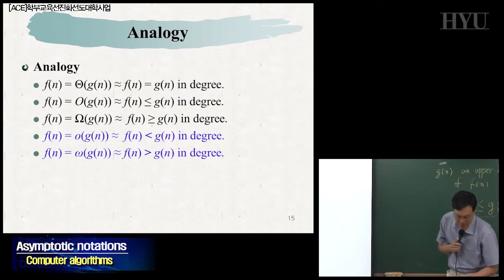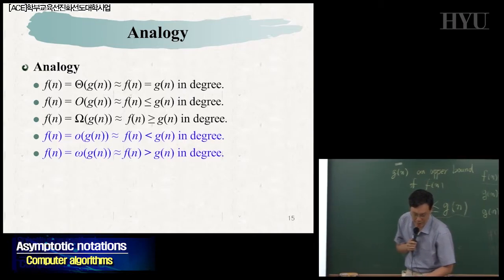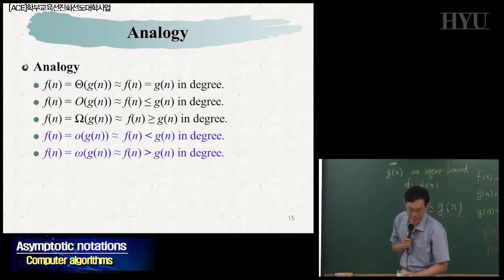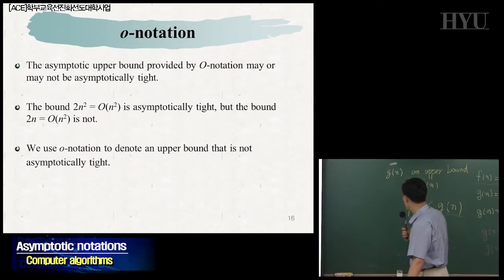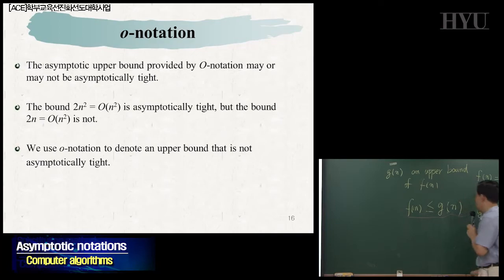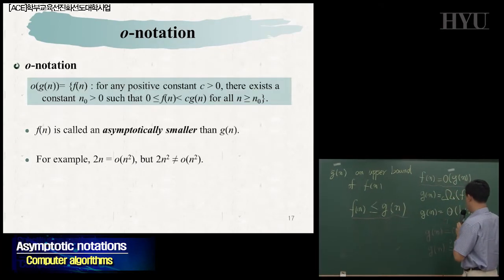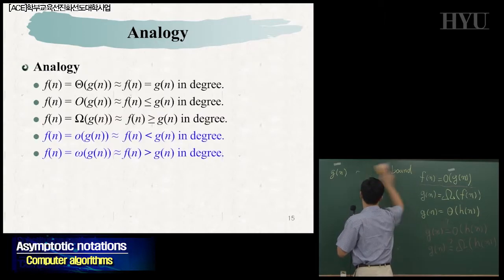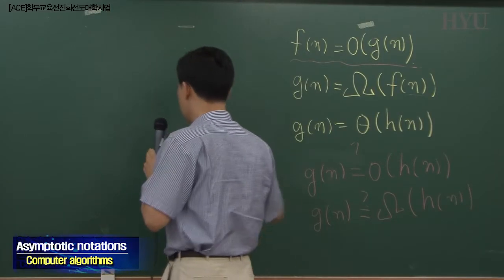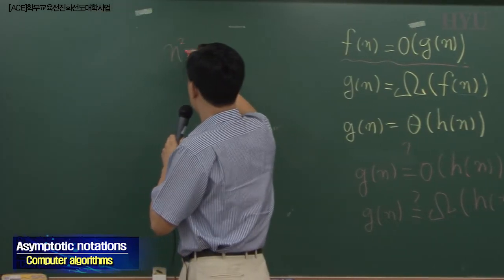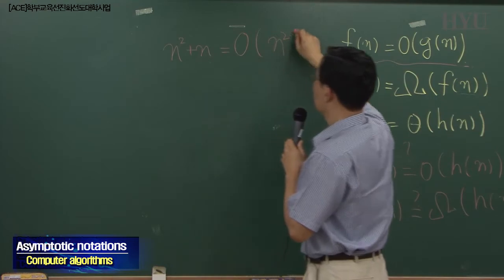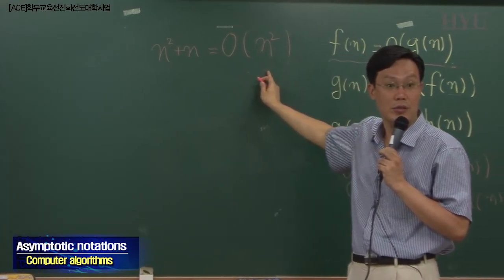Is there any example? For example, n squared plus n is big O of n squared. This is true.